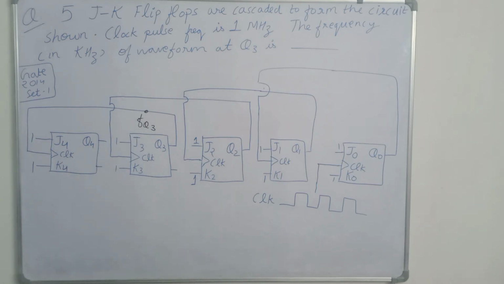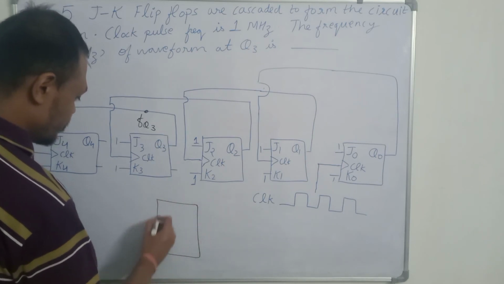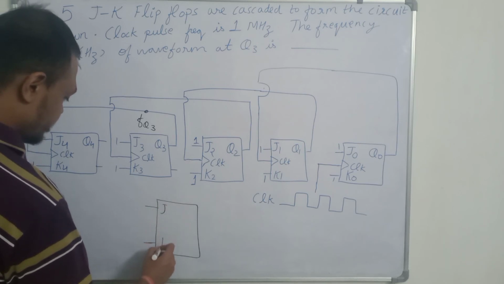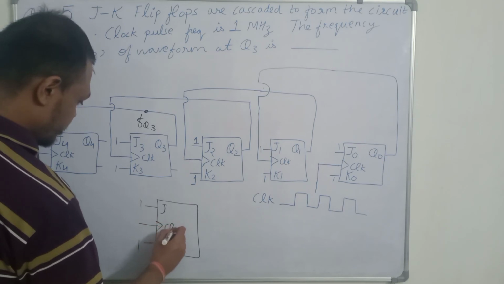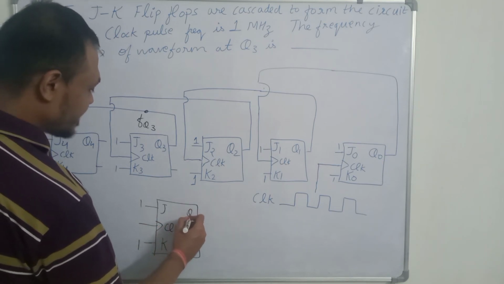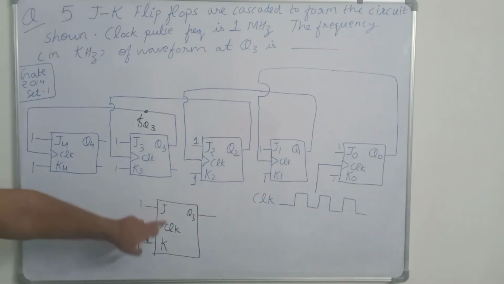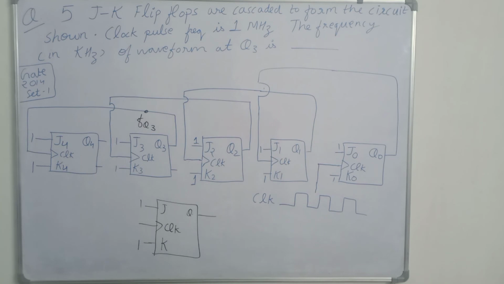For a JK flip-flop, if J and K both are connected to 1, as an example, this is input J and this is input K, both connected to 1, and this is the clock, then this flip-flop acts as a divide by 2 circuit.